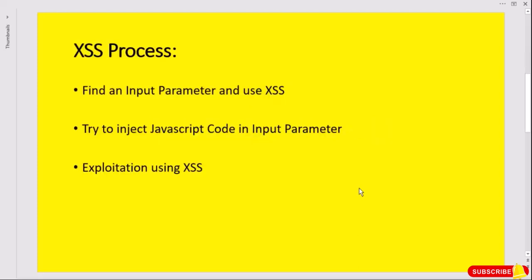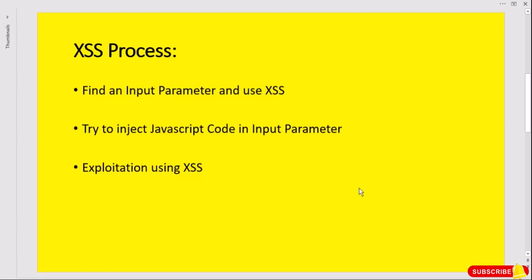So let's talk about the process of XSS. First of all, we will find an input parameter and then we will try to run XSS script in that input parameter. Now what I mean by input parameter, if you visit an e-commerce website, you will find a search bar to search for the different products. So we will try to run XSS on that search bar.